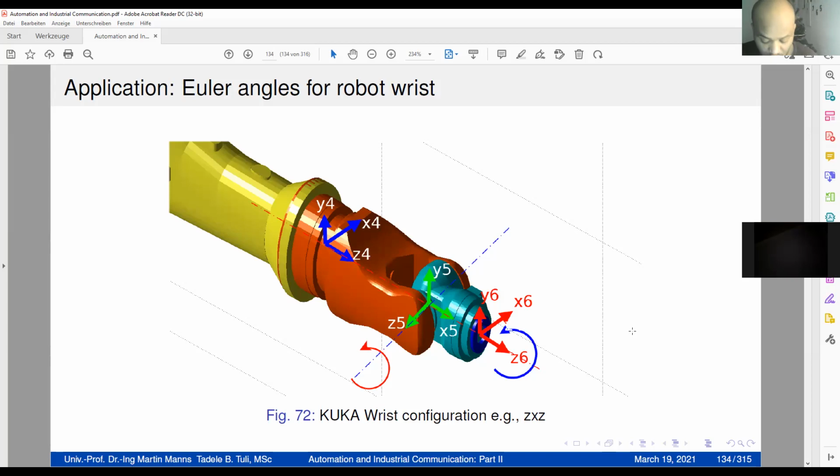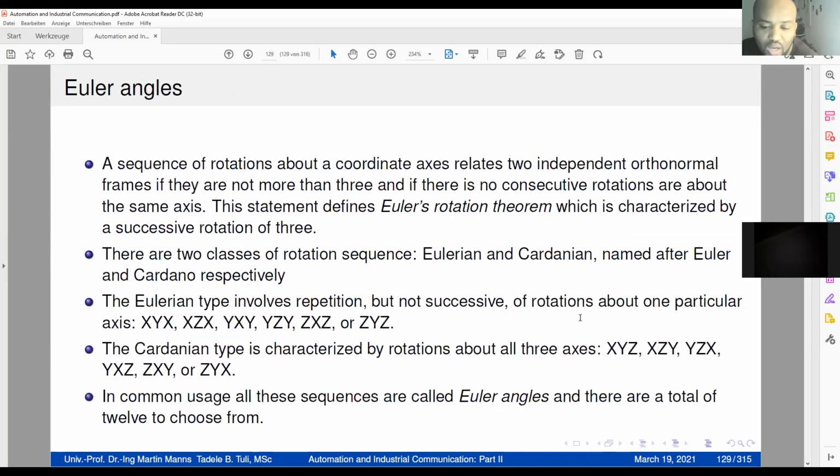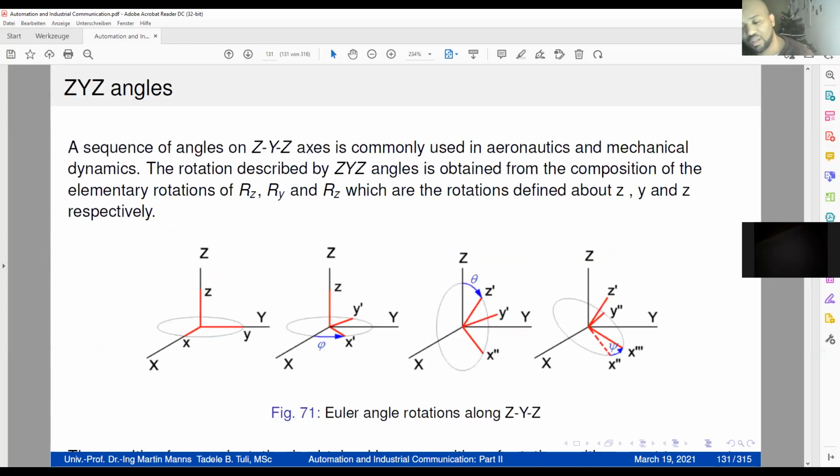Yeah, okay, I will repeat. The point is, when you have angular configurations, for example for robot wrists, maybe I have to go to the simulation.